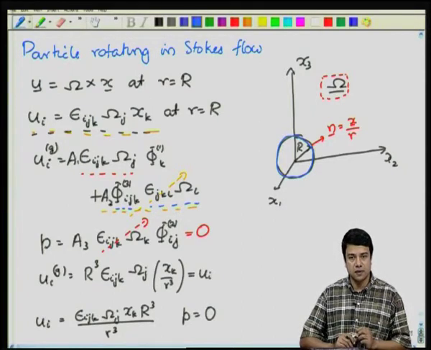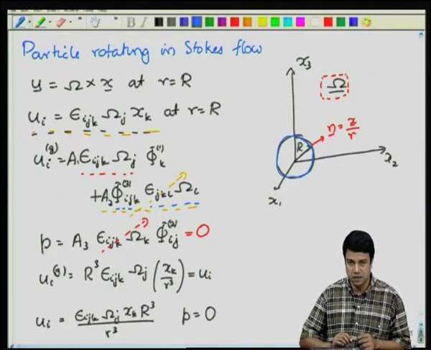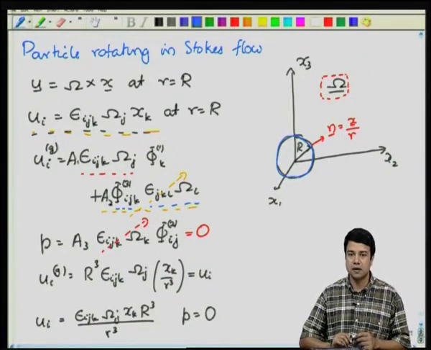As you recall, the way that we solved it was that since the solution for the velocity field satisfies Stokes flow equations, the solution has to be linear in this velocity omega as well as linear in one of the spherical harmonics.